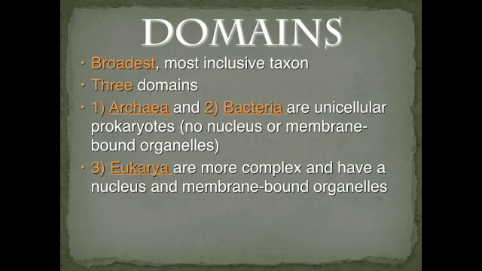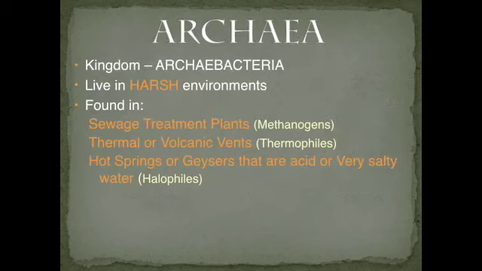So let's focus on bacteria. Okay, the first domain, archaea. Now, archaea bacteria, this is not archaea, but archaea bacteria, this is going to be bacteria living in harsh environments. According to evolutionists, these are the bacteria that, because they live in harsh environments, evolutionists believe evolved first.